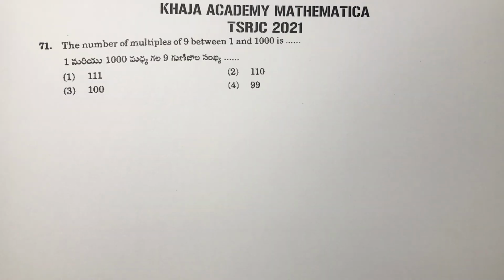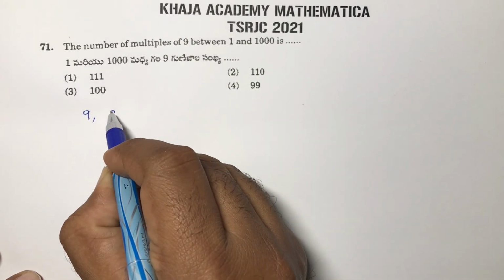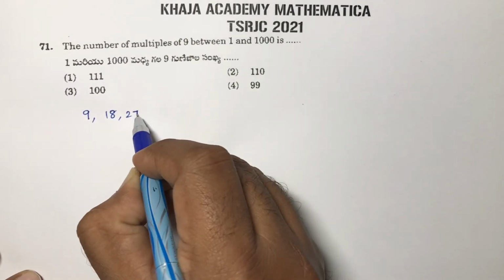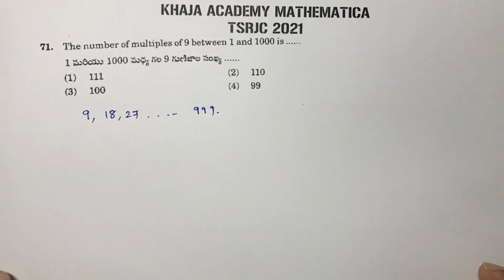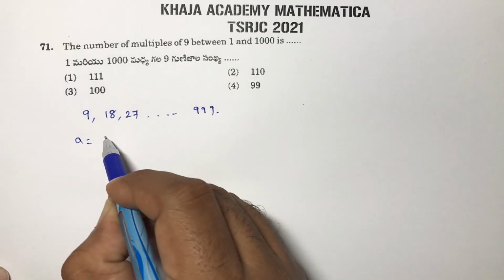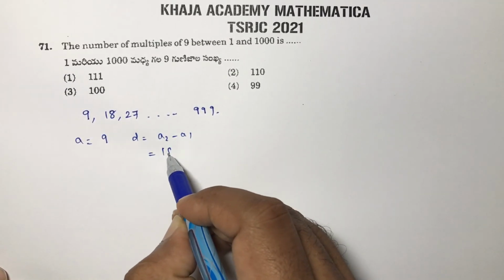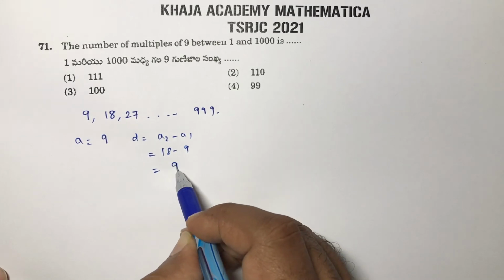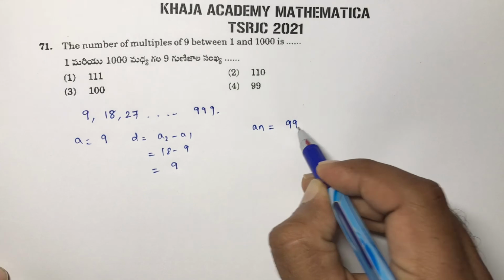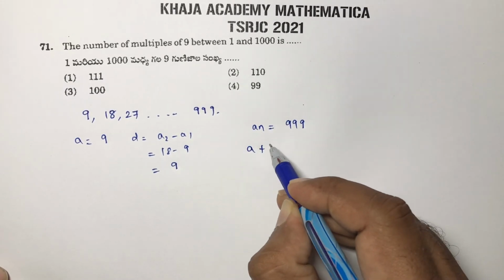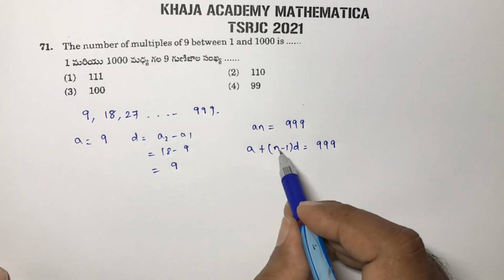The number of multiples of 9 between 1 and 1000. The first multiple will be 9, then 18, 27, and so on. 999 will be the last term. So here the first term is 9. The common difference is A2 minus A1, so 18 minus 9, which is 9. Next, An is 999. The An formula is a plus n minus 1 into d. So we need to find n.